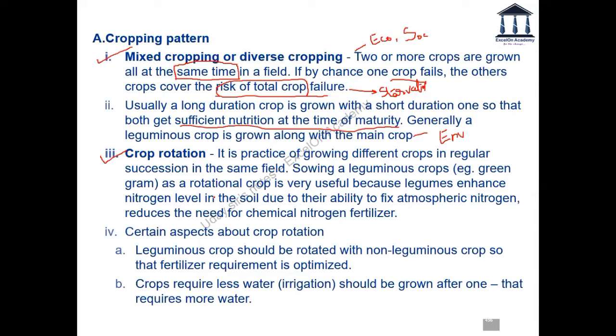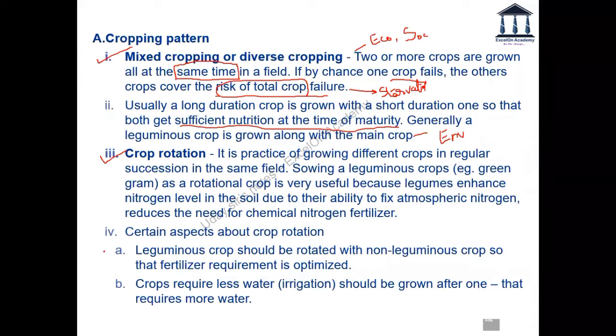By using nitrogen fixation bacteria, you're able to fix nitrogen in the leguminous plant root nodules, and in the process, the plant definitely absorbs the nitrogen and grows. But there is also fertility present in the soil, which can be used by the next crop. Therefore, it's an environmentally sound practice.